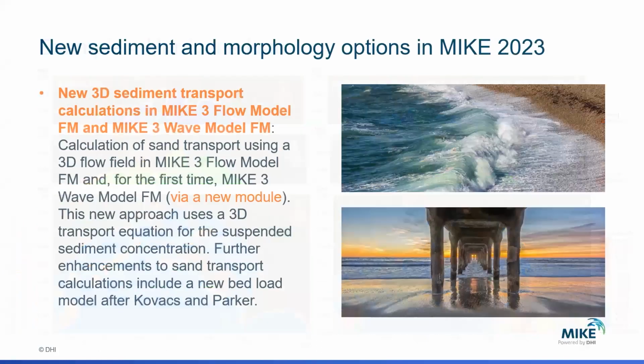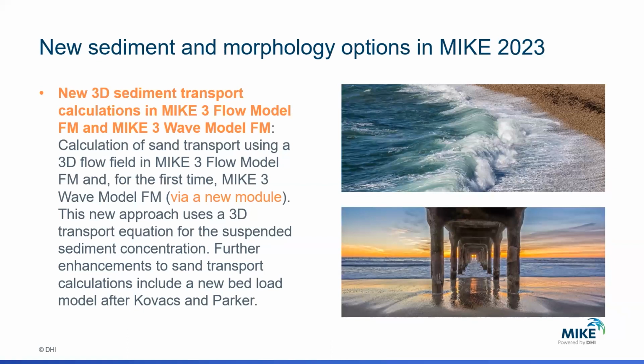In 2023, we introduced sediment transport calculations using a 3D flow field. And this was introduced again as standard in the Mike 3 flow model sediment sand transport module. Again, if you had the sand transport module, you got this with your SMA.